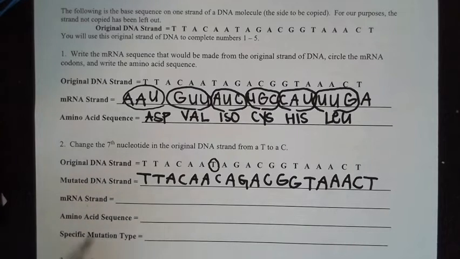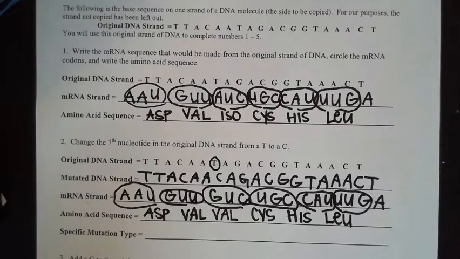Get your amino acid sequence. Make sure you circle your codons like we did above. And then the specific mutation type. Go ahead and work through the mRNA strand and the amino acid sequence part. We'll come back and talk about the mutation type together.